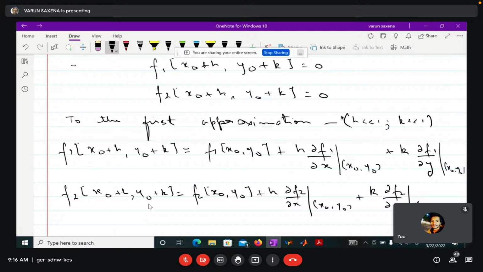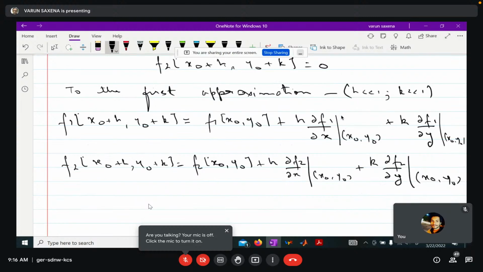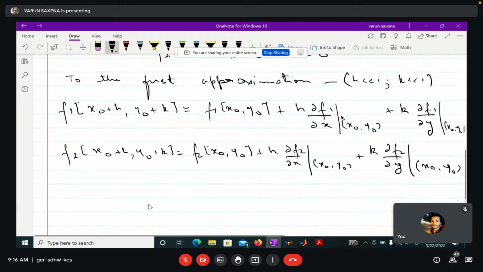So these are up to first approximations. Okay, so now I know that the first one will be equated to 0 and the second one will be equated to 0. So then now I get this equation.